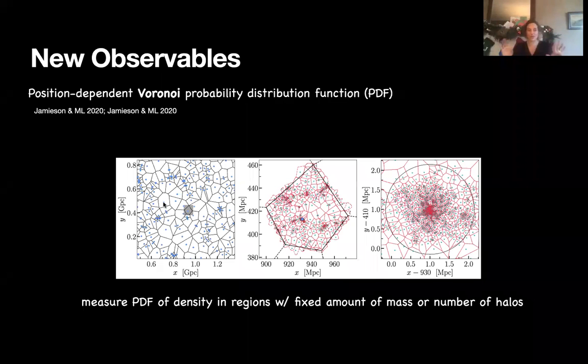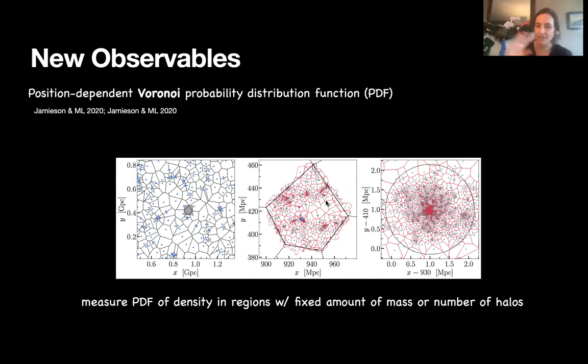And so the volumes are different sizes, but they have a common number of objects. This is for halos. These right plots over here with the red show the Voronoi tessellation of the matter field, in this case illustrated within this little tiny volume here. So I look around a halo, that halo is here. This is the Voronoi cell of the halo. And these red objects show the partition of that volume into regions of fixed mass.